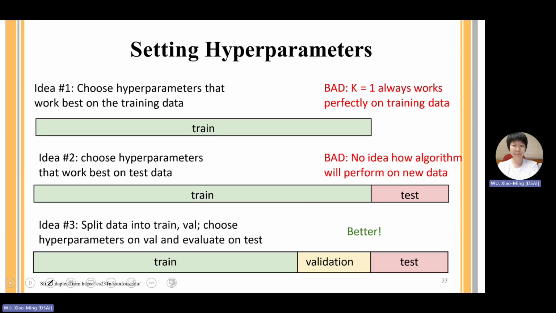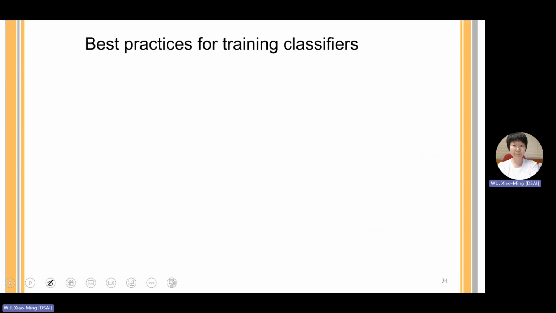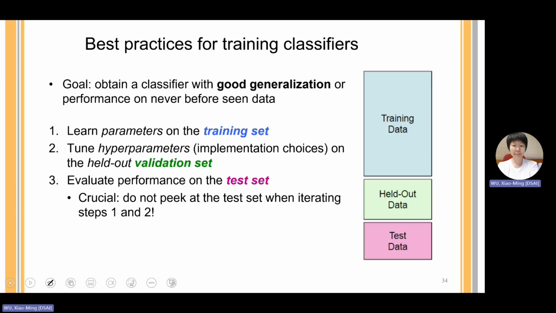When we are given a set of training samples, here's what we usually do.